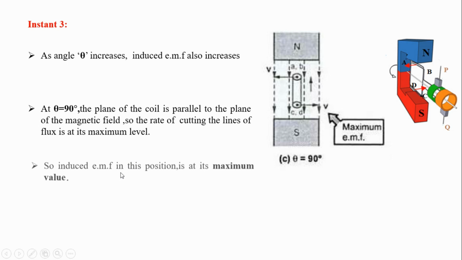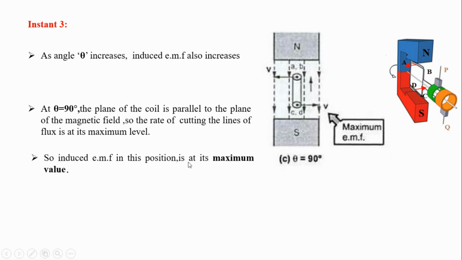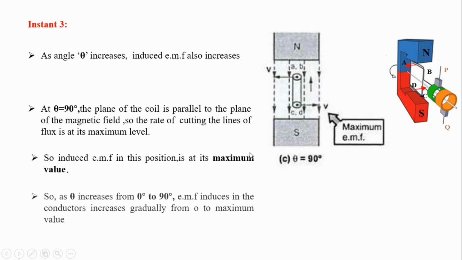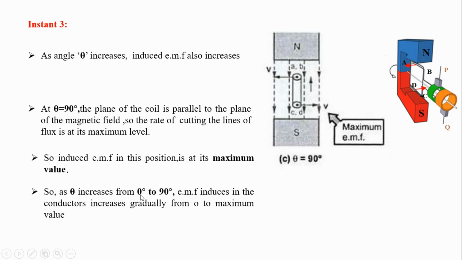So the induced EMF in this position is at its maximum value. So as theta increases from 0 degree to 90 degree, the EMF induced in the conductors increases gradually from 0 to the maximum value.